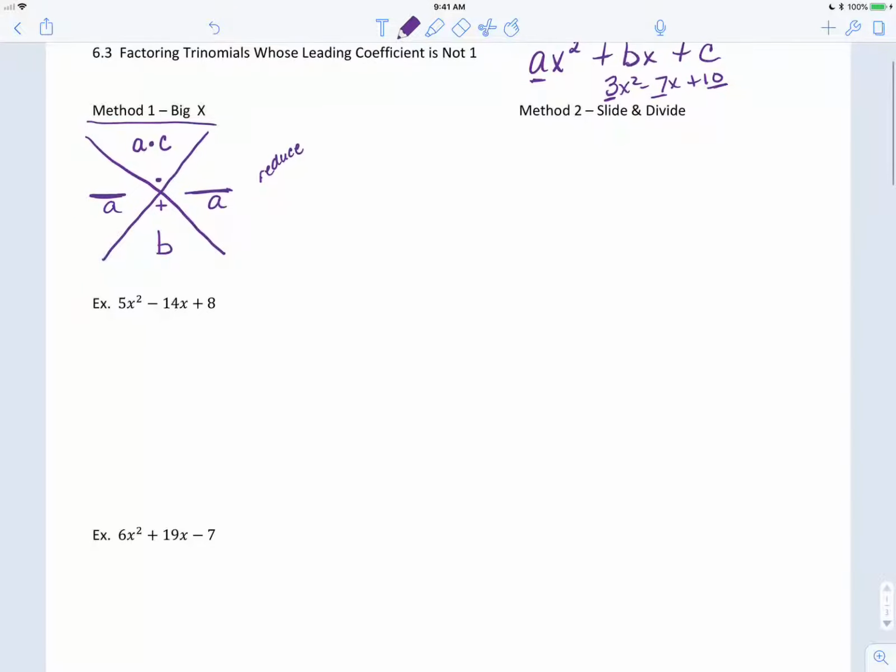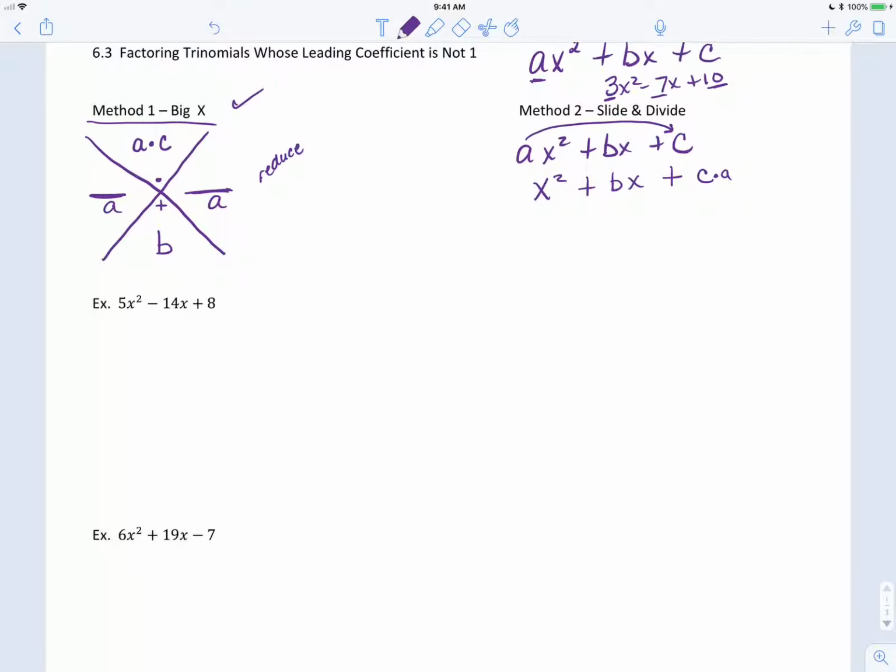Okay, so slide and divide says we're going to take this one, and I do not care for this method as much, but I'm going to show it to you, and I'll probably work a couple of problems like this, but for the most part I'm going to use the big X. You're going to slide this a term down here, leaving you with x squared plus bx plus that c times that a term.